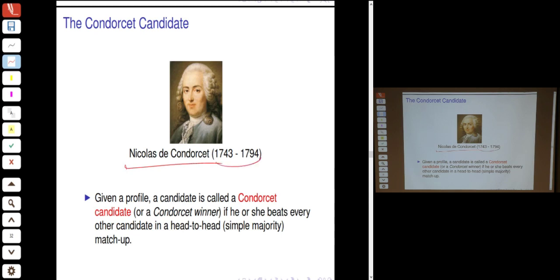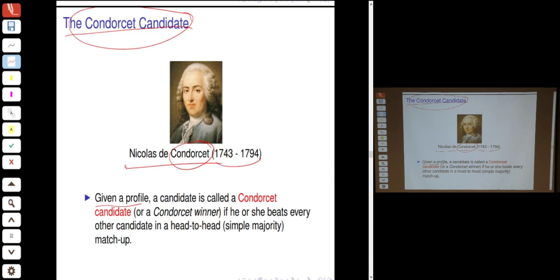There is a voting method associated with him, and the winner determined by that voting method is called the Condorcet candidate, named after Condorcet. The winner is determined in the following way.